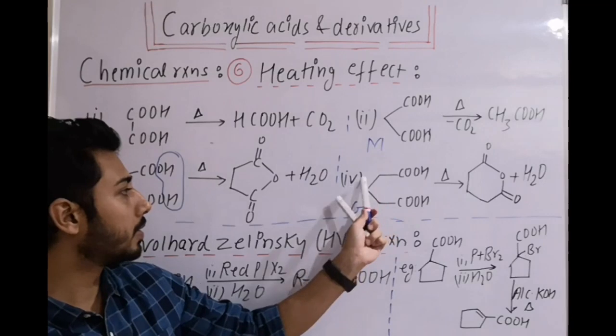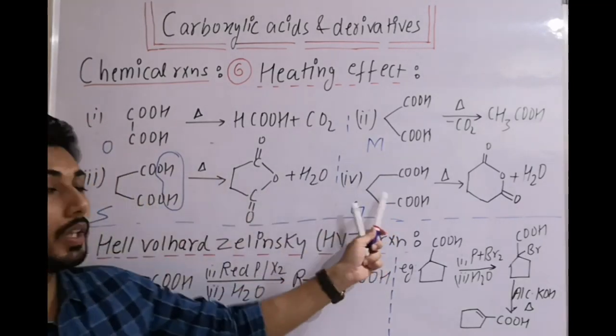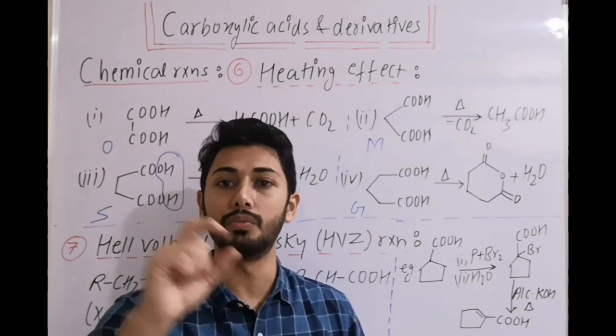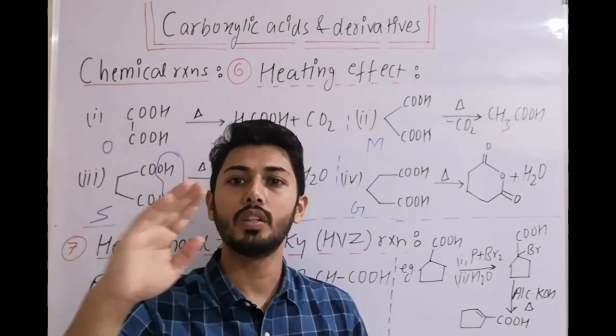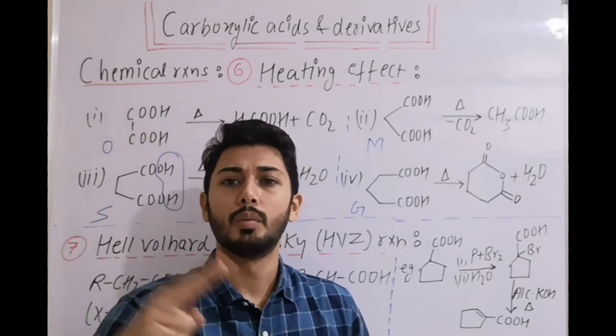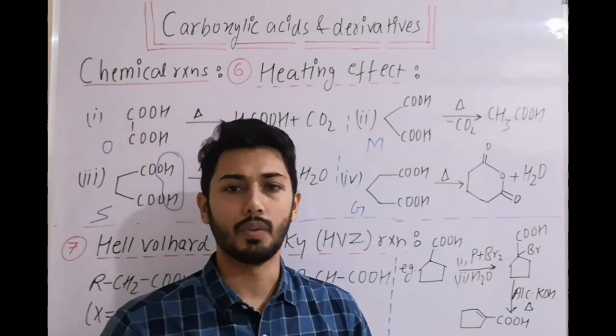Then how many carbons? 3. With 2 and 3 carbons in between 2 COOH groups, what is evolved? Water. With 0 or 1, CO2. After 4 and so on, both CO2 and H2O are evolved.